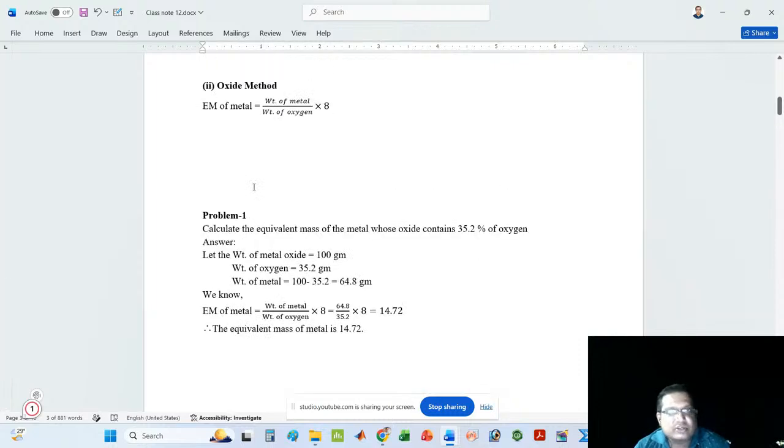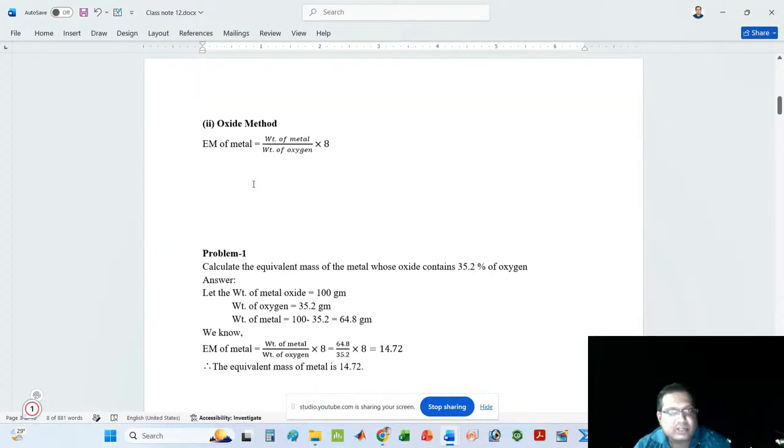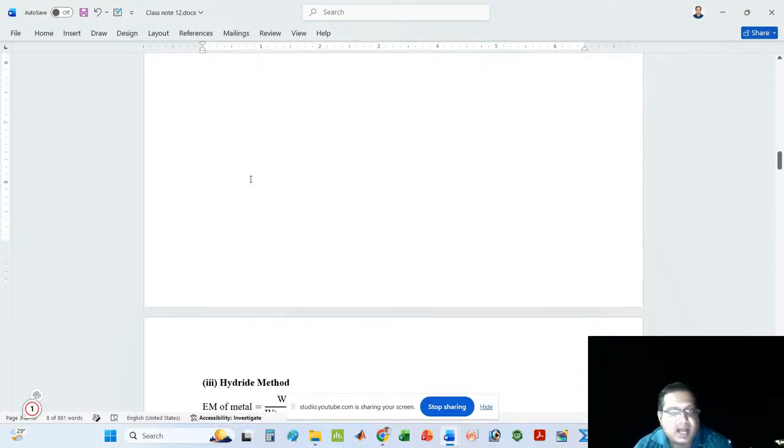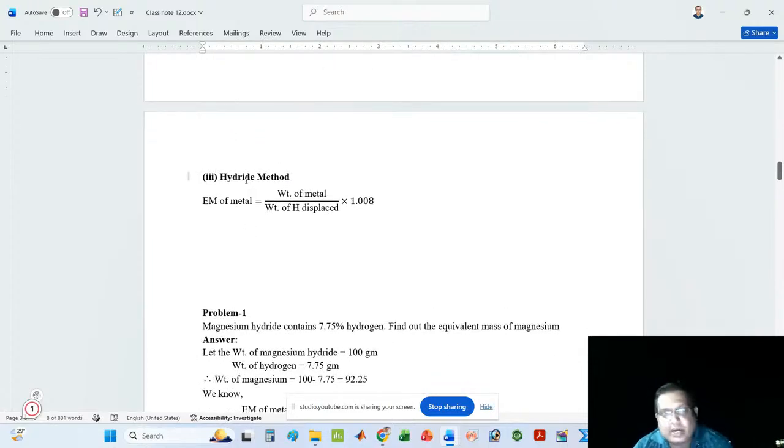At first I discussed the chloride method. Next I discussed the oxide method, and third is the hydride method. Like the oxide and chloride methods, the formula is also similar. So here I can write equivalent mass of metal is equal to weight of metal.